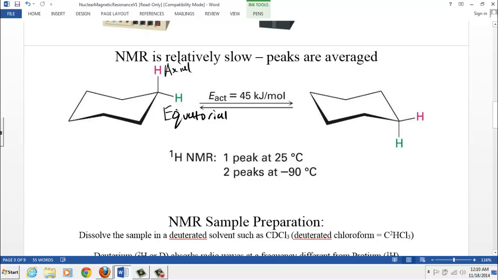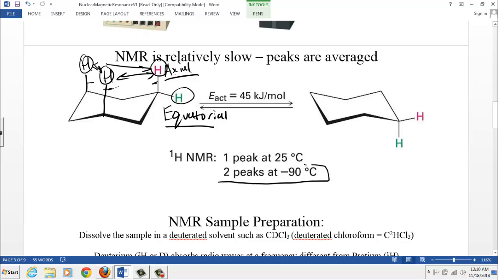And we talked about how the axial position is more crowded and not as stable, and the reason for that is that the axial groups are actually relatively close, which means their electrons are close, which means these hydrogens are going to be shielded by these bonding electrons here. Whereas equatorial hydrogens are pointing away from the ring, they're farther away from those electrons, and they're going to be deshielded to some degree. The bottom line is that the axial and equatorial hydrogens should produce different peaks.